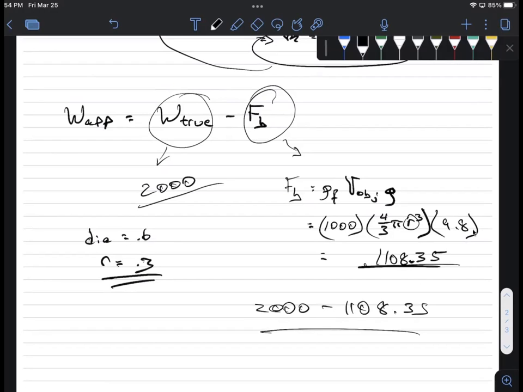Don't try to put everything in on one line, because especially with fractions like 4/3, sometimes it doesn't know, is the pi going to be on the bottom or is it on the top, and all of that. So when you're calculating this piece here, just multiply one little piece at a time. And I just did it twice and I got 1108 from it. So just make sure the calculation's coming out okay.